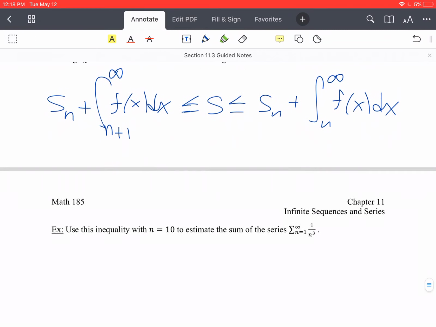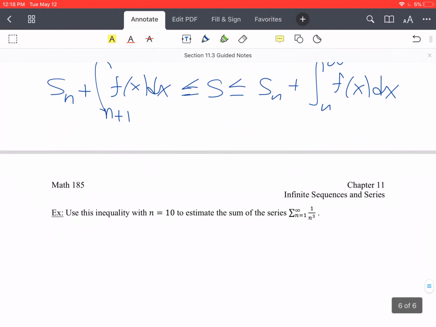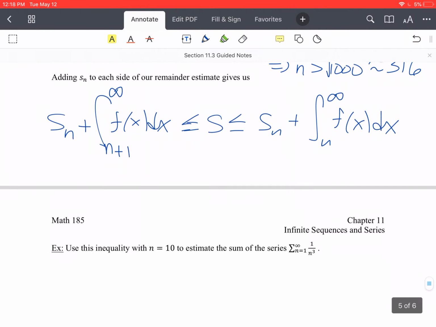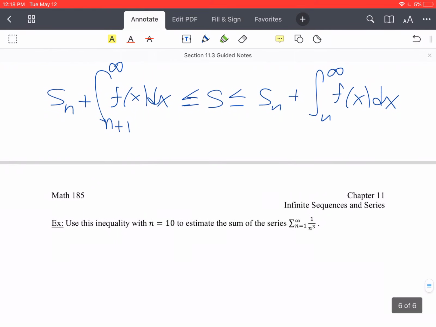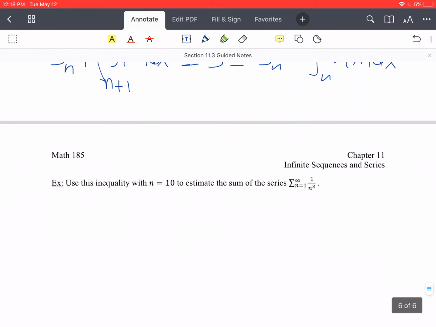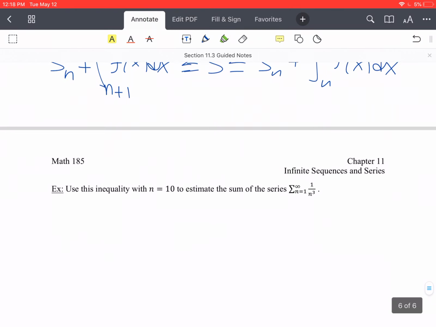Okay? So use this inequality, they're talking about this inequality up here, with n equals 10 to estimate the sum of the series 1 over n cubed. So the same series. We're going to use n equals 10 in here.